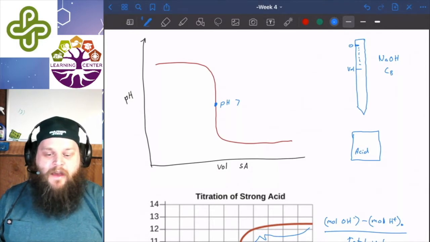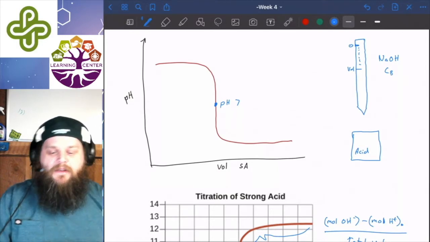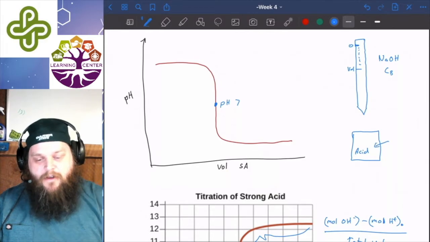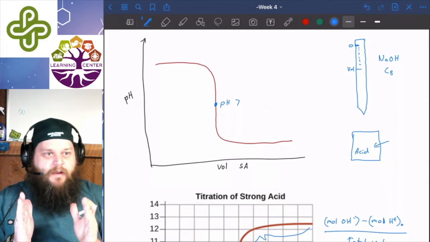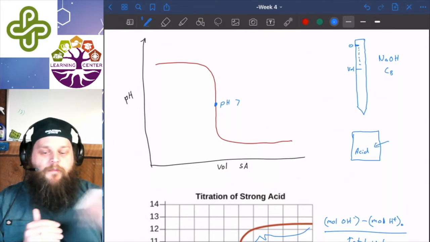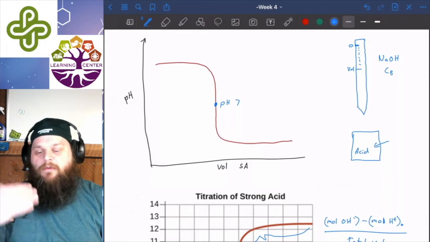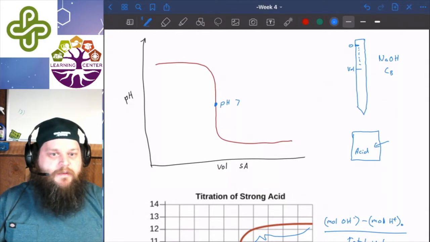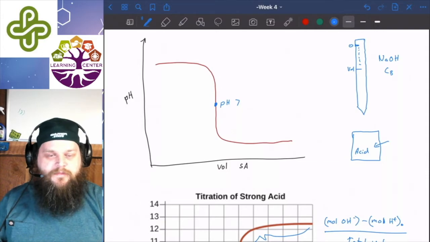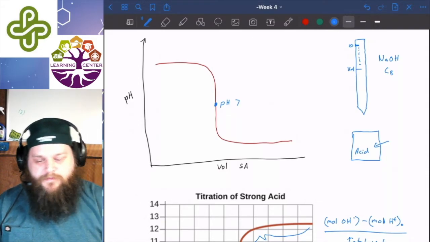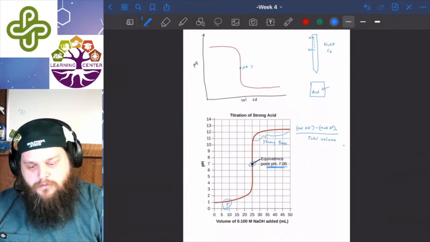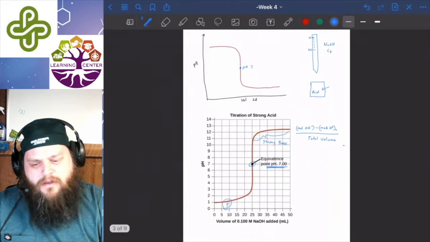And based on that, we can determine the moles of the acid that was initially in here. If we go all the way to the equivalence point, the amount of moles of base we added should be equal to the moles of weak acid that was in there originally. Does that answer your question?